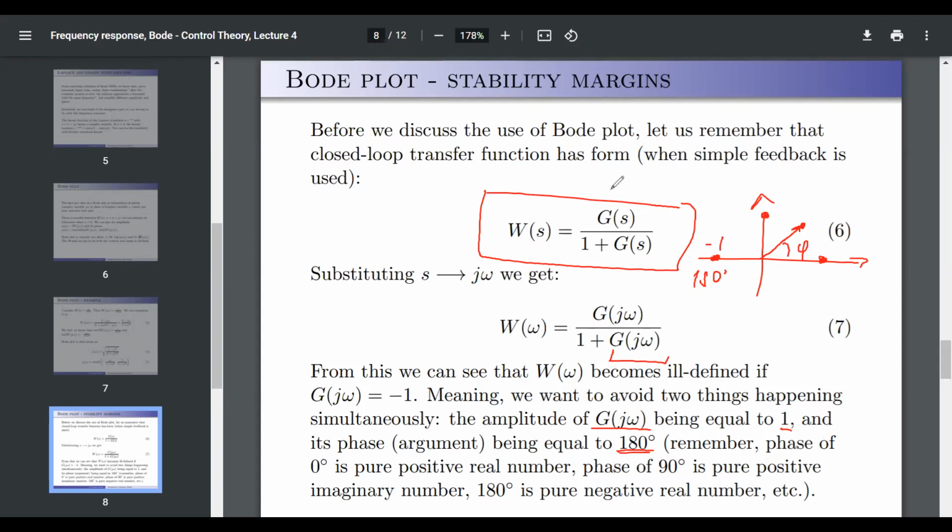Let's make sure that this last part made sense. The fact that this would have to be -1 for it to blow up, that is clear, I think. The fact that g would have to be length 1 is also clear.